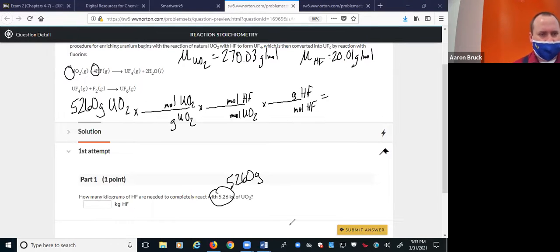So plugging in our values, 1 mole of UO2 is 270.03 grams. My grams of uranium dioxide cancel.